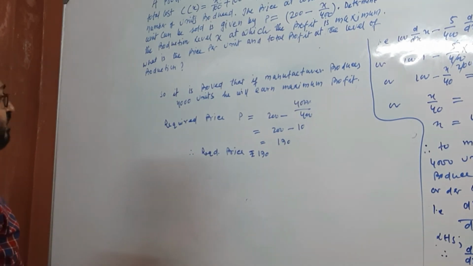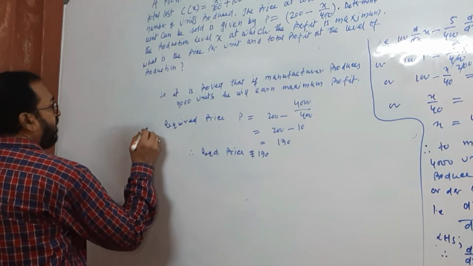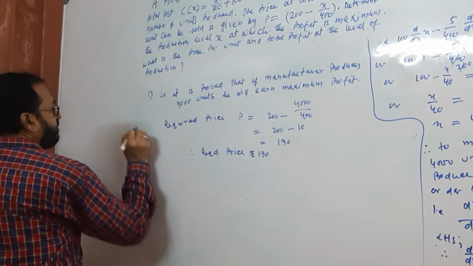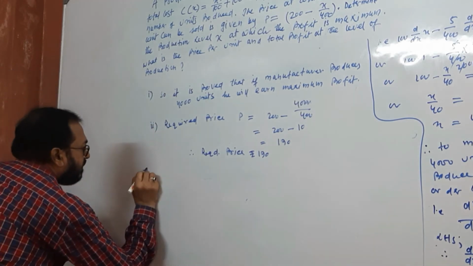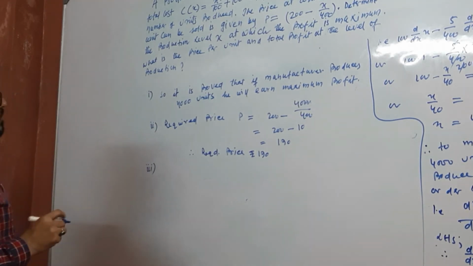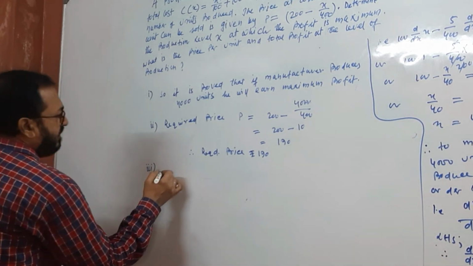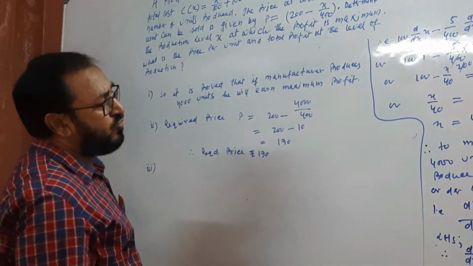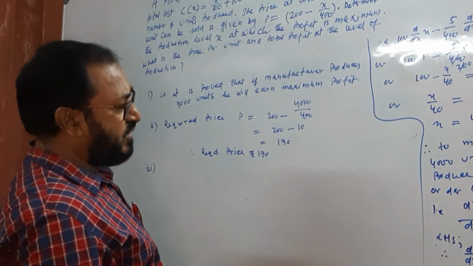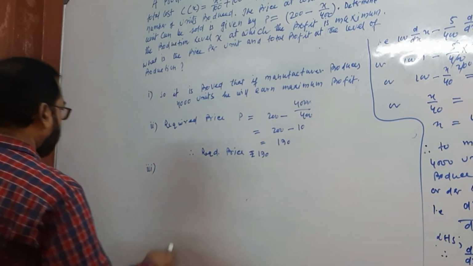And the total profit at the level of production. Now we have to find out the total profit. The value of x should be substituted in the profit function.